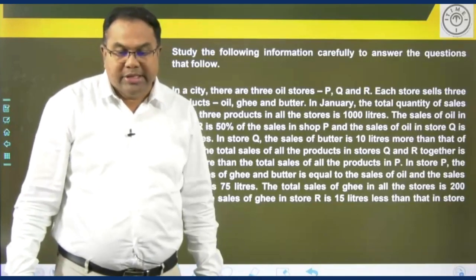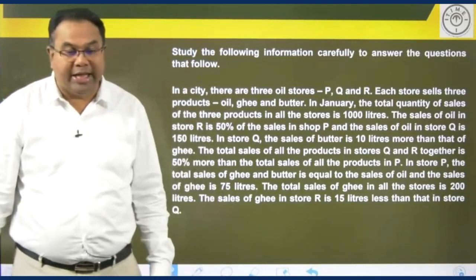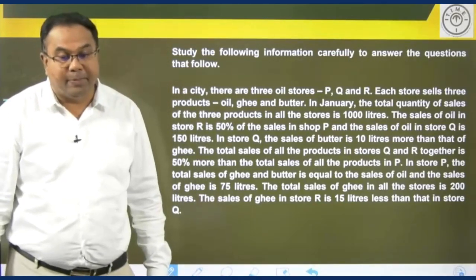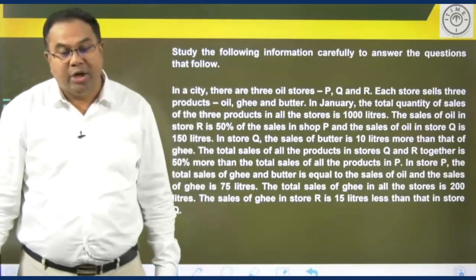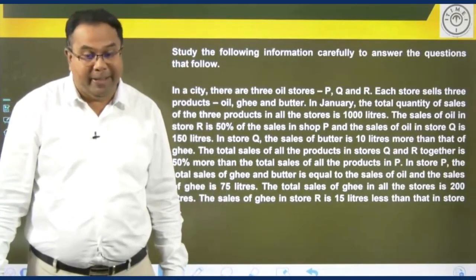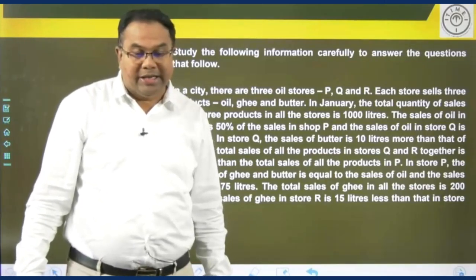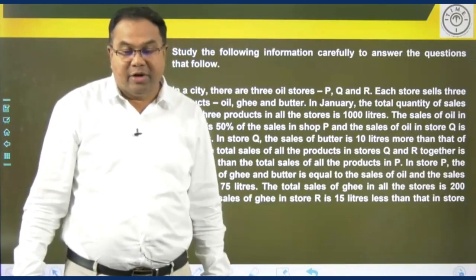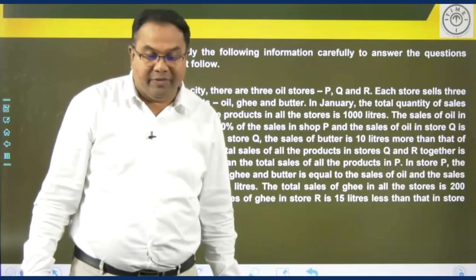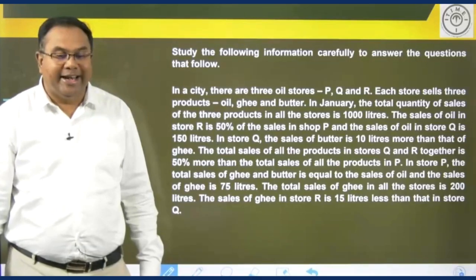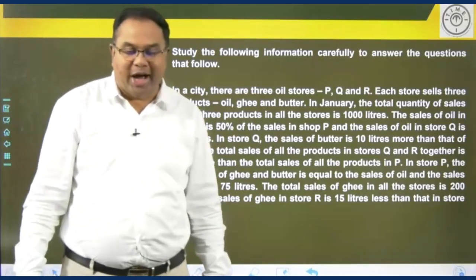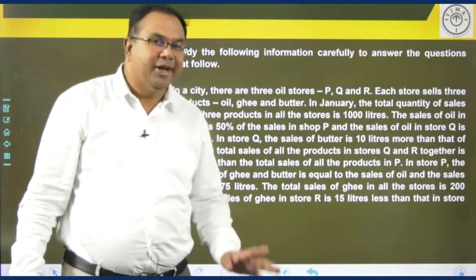In store Q, sales of butter is 10 liters more than ghee. Total sales of all the products in stores Q and R together is 50% more than total sales of all the products in P. In store P, the total sales of ghee and butter is equal to sales of oil, and sales of ghee is 75 liters. Total sales of ghee in all the stores is 200 liters. Sales of ghee in store R is 15 liters less than store Q.